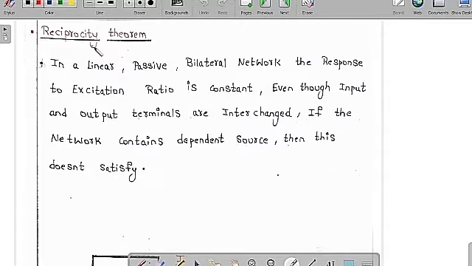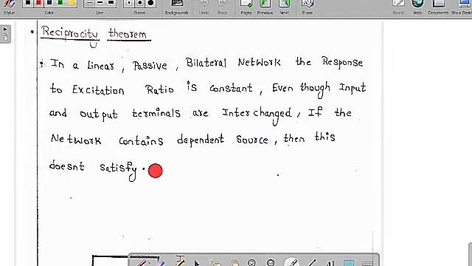The system should be linear, passive, and also a bilateral network. Then only we can say the ratio of the response to excitation is constant even though input and output terminals are interchanged. If the network contains a dependent source, then this doesn't happen. It indicates that the circuit should have purely independent sources.